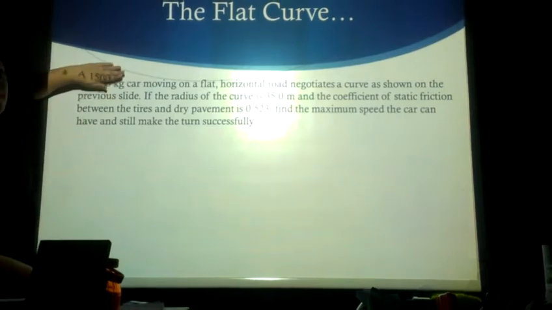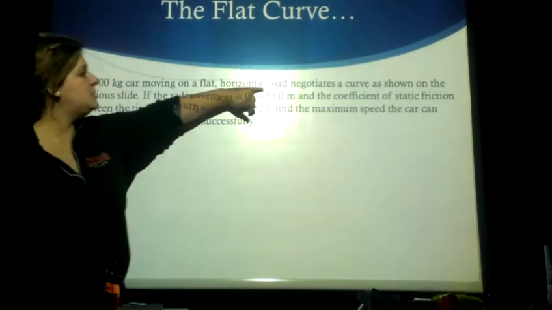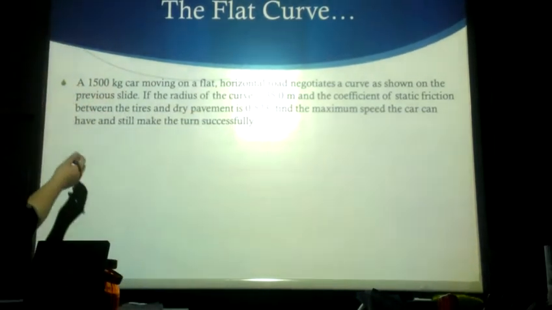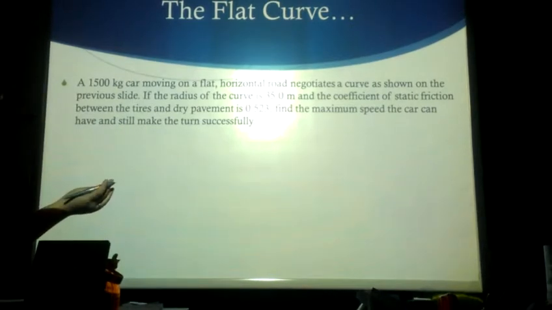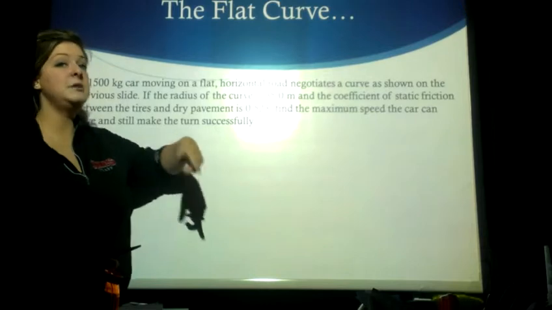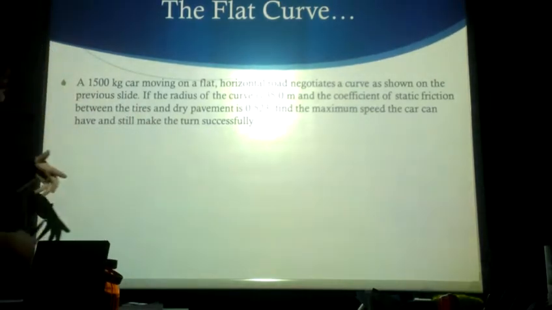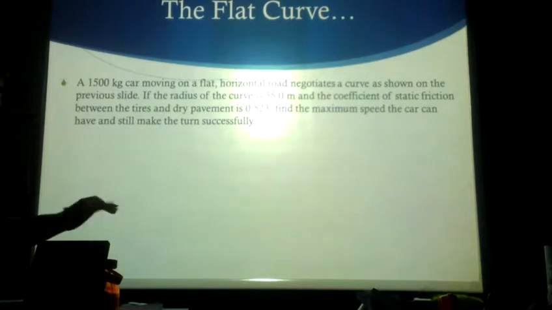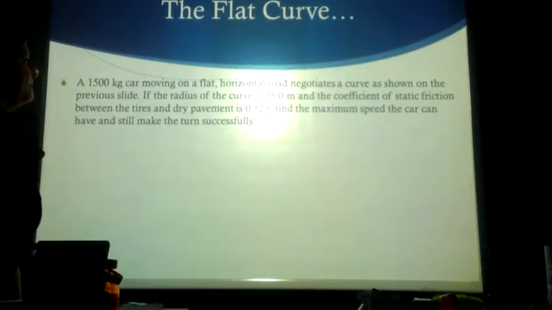So I didn't even need the mass. All I needed are these two pieces, and if we plug them into the equation we just derived, I'm going to take the square root of 35 times 0.523 times 9.8, and then you should get around 13.